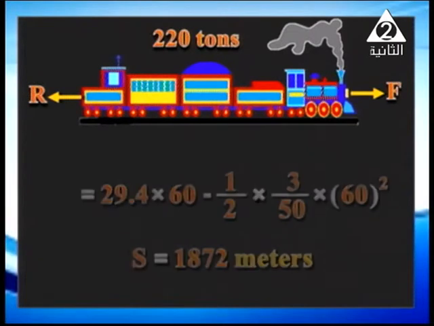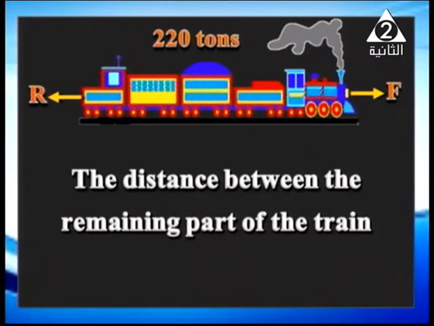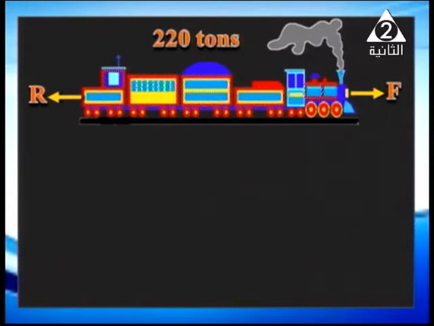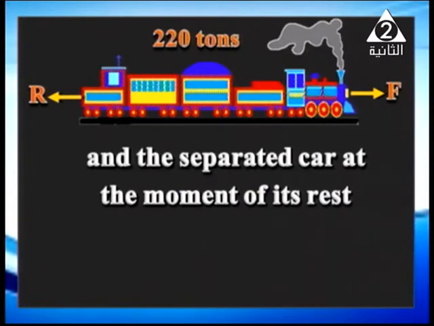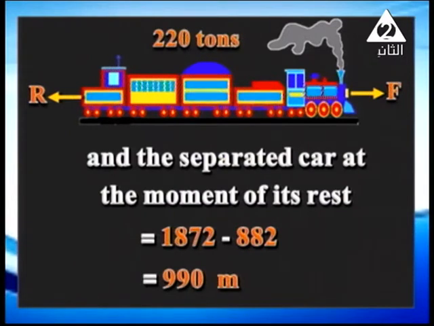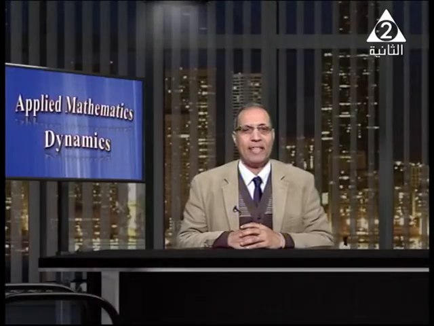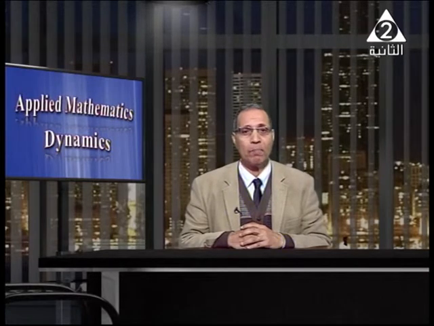For the distance between the remaining part of the train and the separated car, we subtract 1,872 minus 882. The answer is 990 meters.